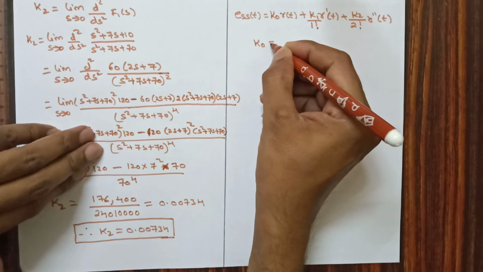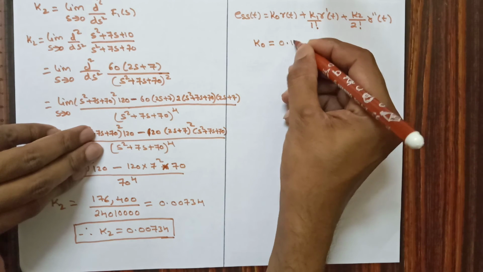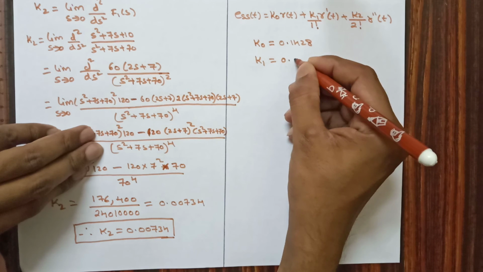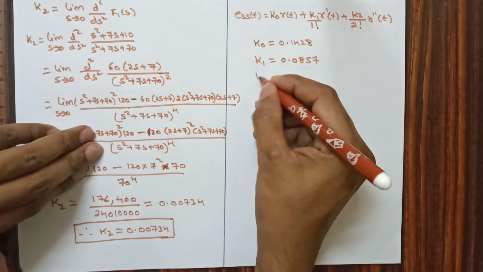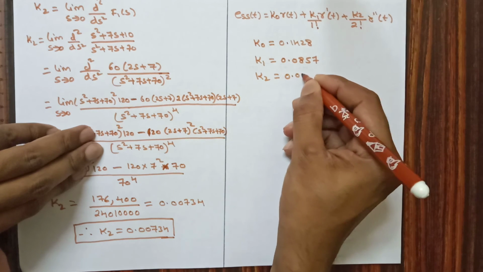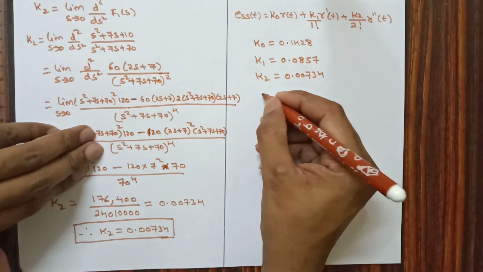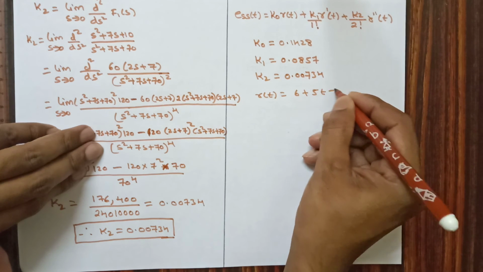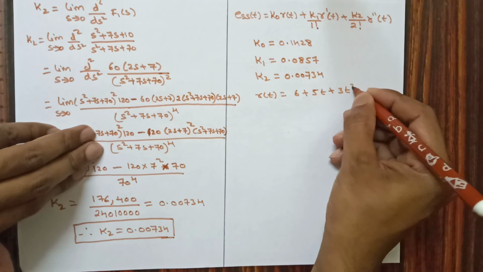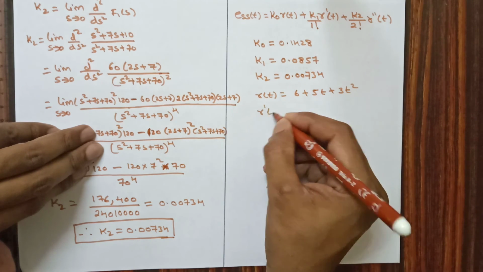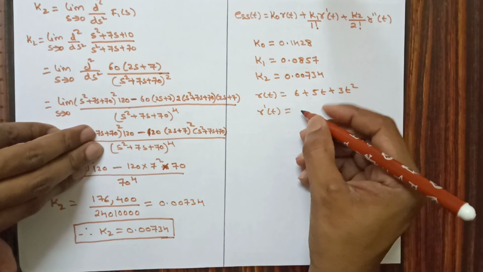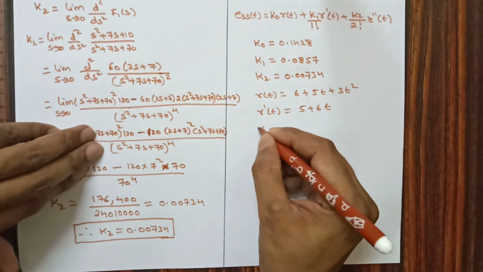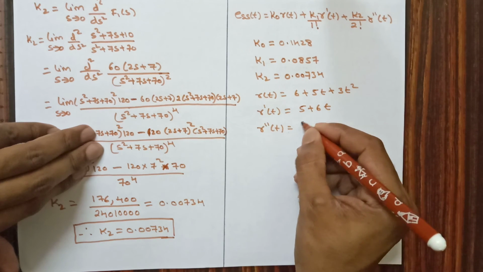K0 value we got 0.1428, K1 value I got 0.0857, and K2 value I got 0.00734, and we know R of t is equivalent to 6 plus 5t plus 3t square, where R dash of t is equivalent to 5 plus 6t, and R double dash of t is equivalent to 6.